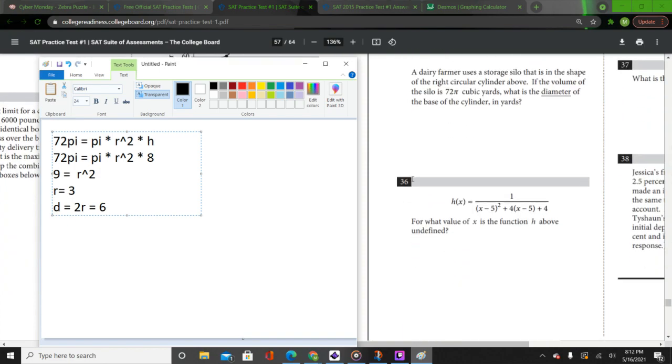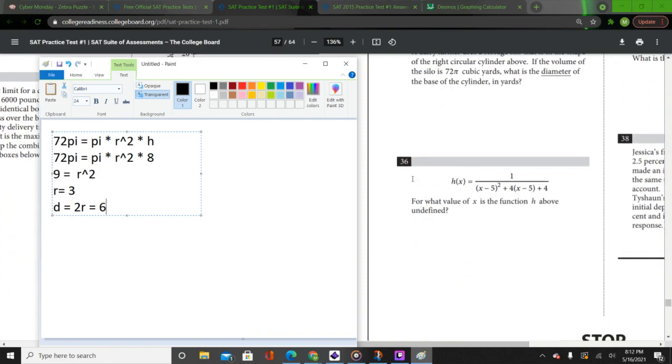Yep. And now for 36. H of x is equal to that. For what value of x is the function above undefined? So that's a bit of jargon, but we basically want 0 in the denominator, which is equal to (x minus 5) squared plus 4 times (x minus 5) plus 4.